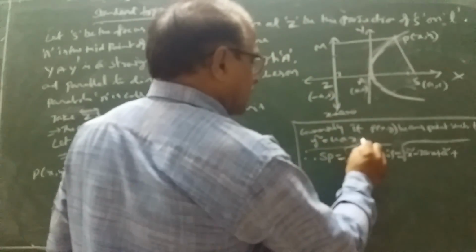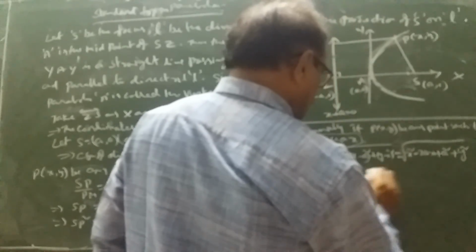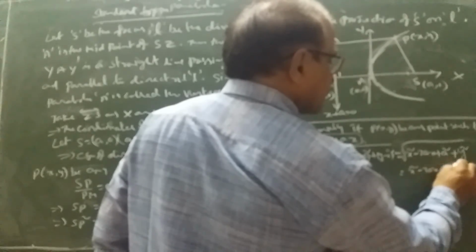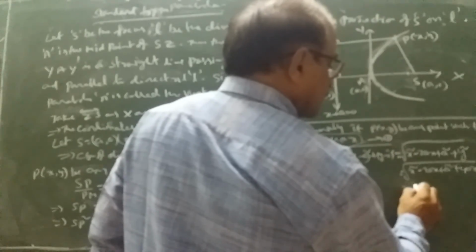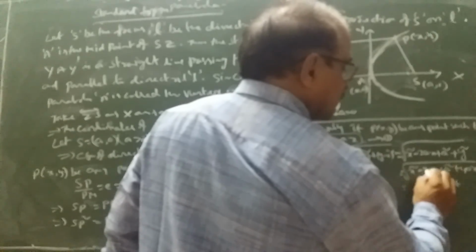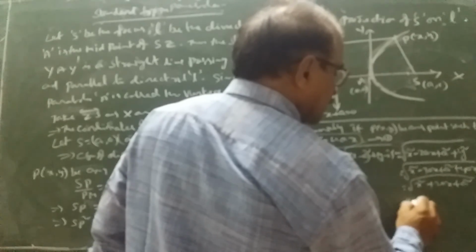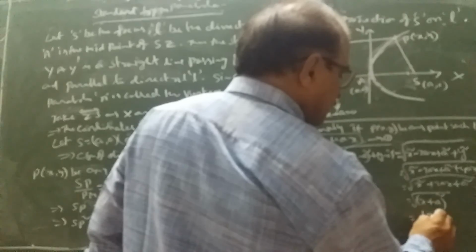Instead of y square we can write 4ax. Here it is equal to x square minus 2ax plus a square plus 4ax, by using 1. That is equal to x square plus 2ax plus a square. This is nothing but (x plus a) whole square, which is nothing but mod of x plus a.